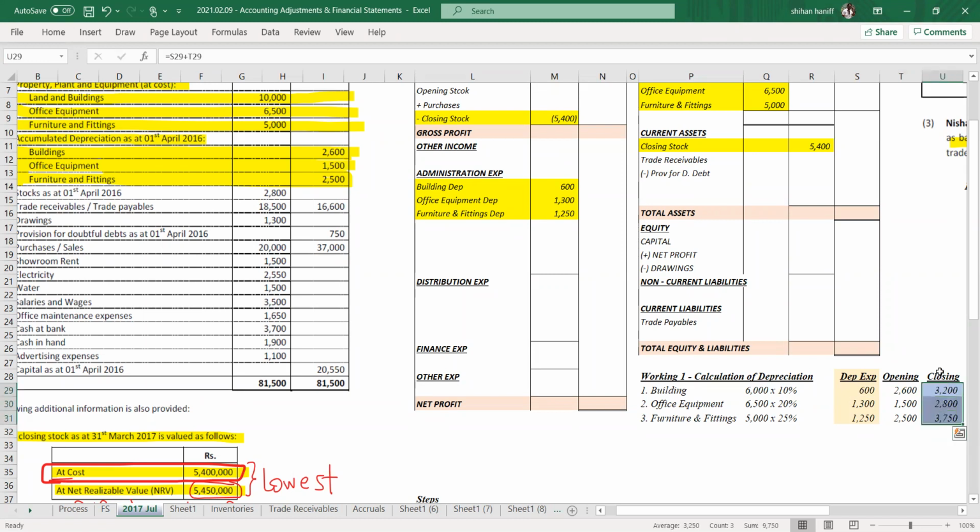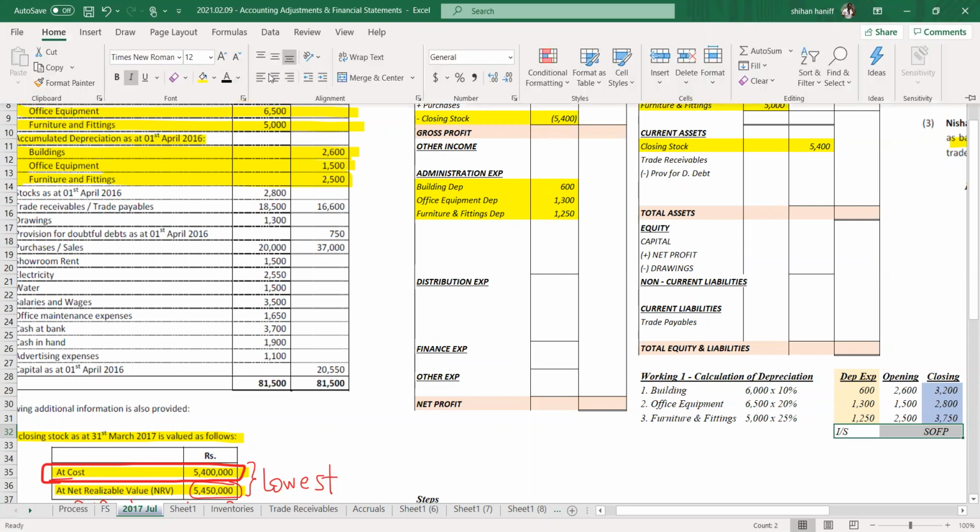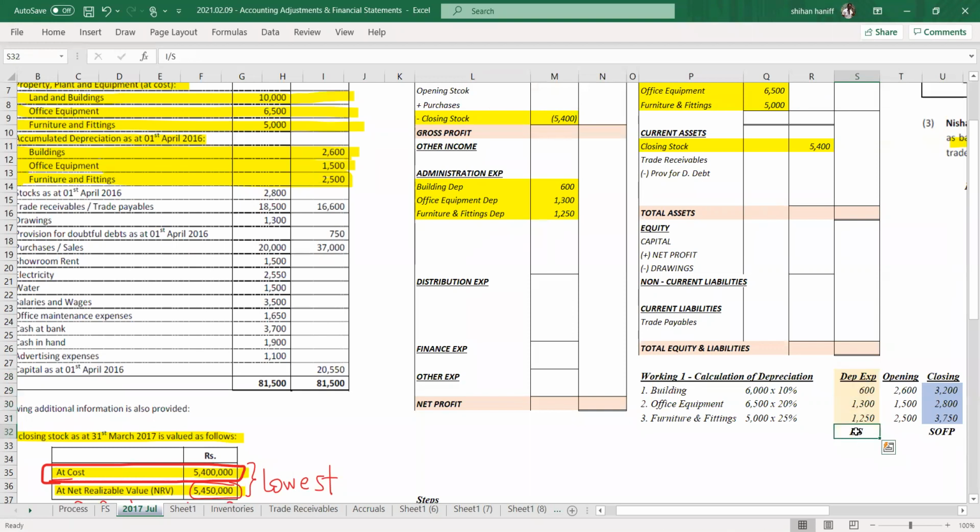This closing accumulated depreciation balance goes to the statement of financial position. Like current year depreciation goes to income statement, closing balance goes to statement of financial position.